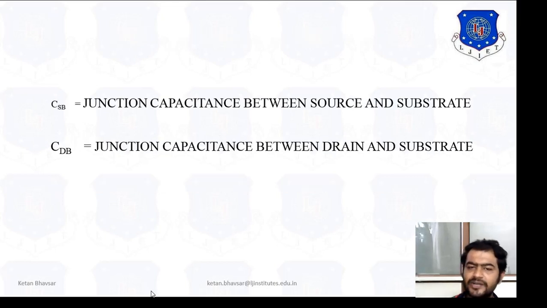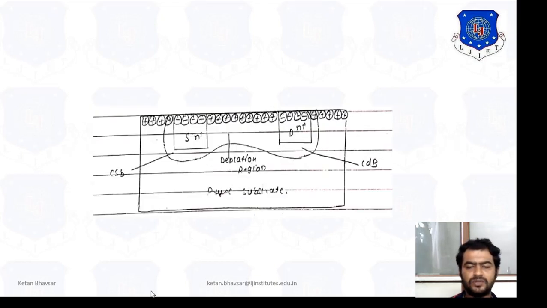CSB is the junction capacitance between source and substrate, and CDB is the junction capacitance between drain and substrate. This is a general diagram. As you can see, the depletion region is created near the surface. Because of the impurity region, the electrons and holes are mounted near the substrate surface, and the depletion region is created in the P type substrate.